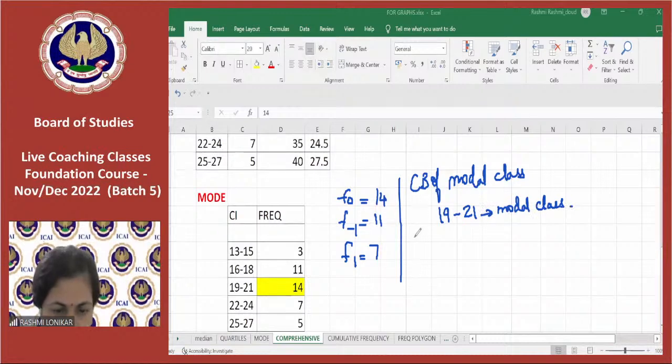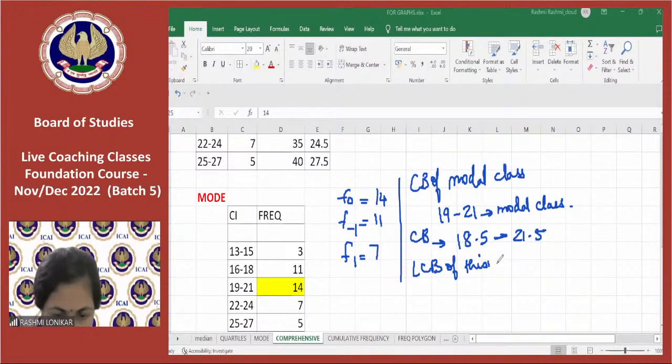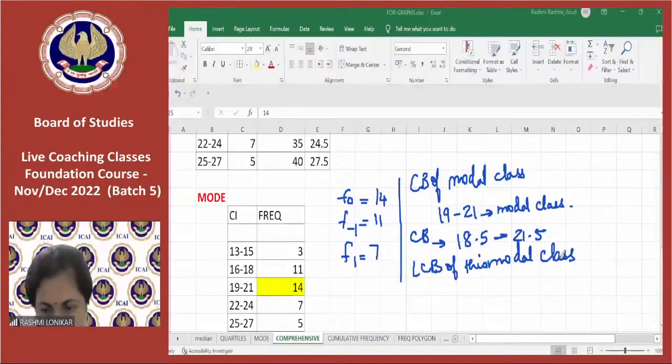In terms of class boundaries, I will write this as 18.5 to 21.5. So what is the lower class boundary of this modal class? It is 18.5. Okay.